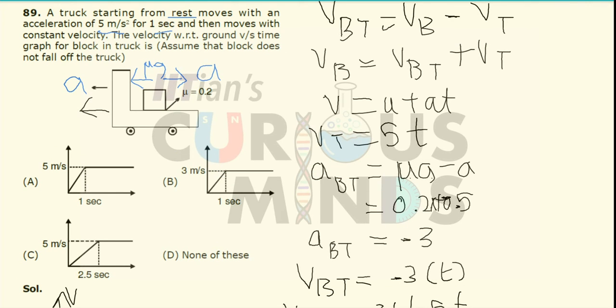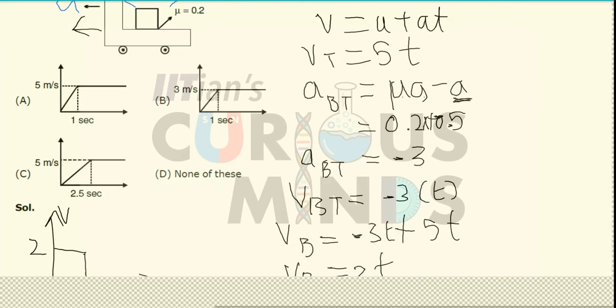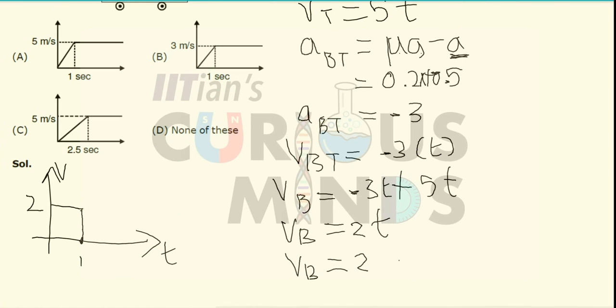We have to calculate what will happen after 1 second. After 1 second there will be no acceleration of the truck. The block will retain its original velocity of 2 meter per second.